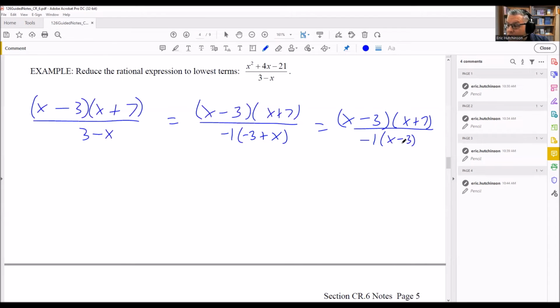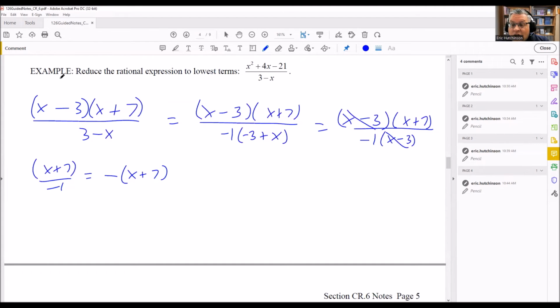Therefore, now we see that x minus 3 matches the x minus 3 on the bottom, and that allows us to cancel it out. So you're going to be left with x plus 7 divided by negative 1, or you could also just write it as a negative in front like this, which means the same thing.